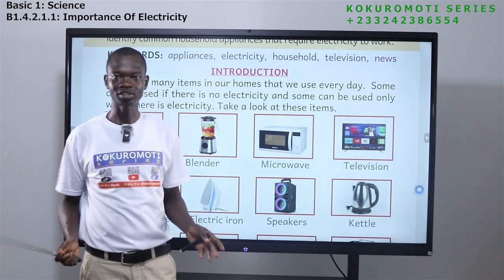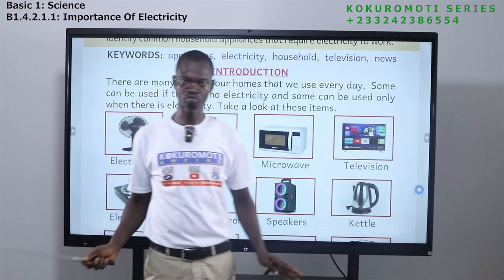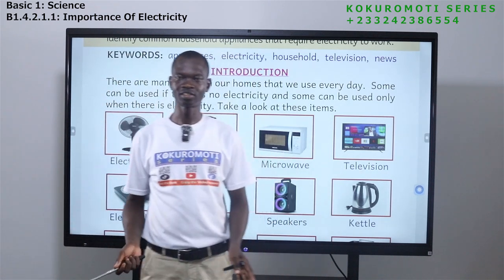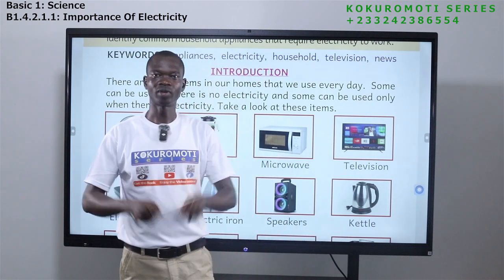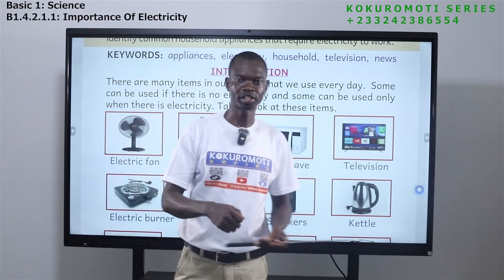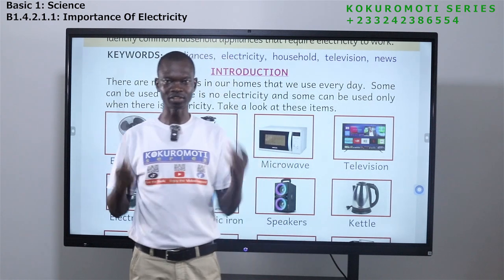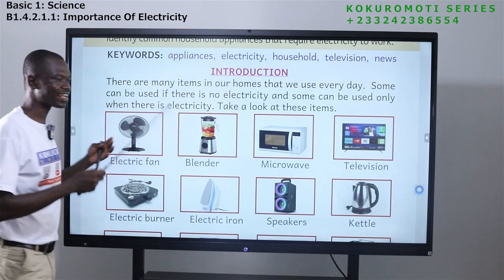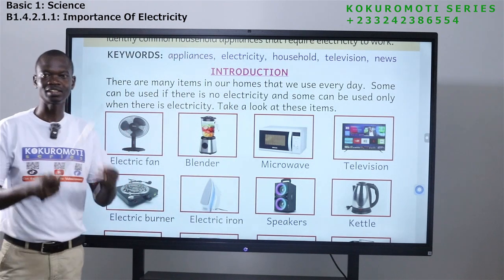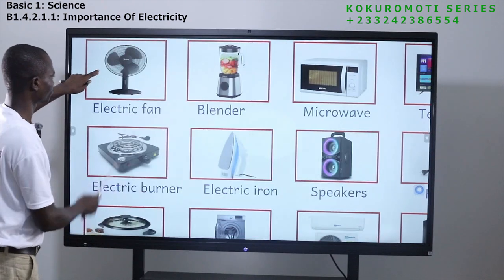When the light goes out, can you use television? No, we cannot use it. Like the electric iron. When there is no light, can you iron your dress? No. It means that these items use what? Electricity. Do you get it? So we are looking at items or appliances that use what? Electricity. So let's look at them.